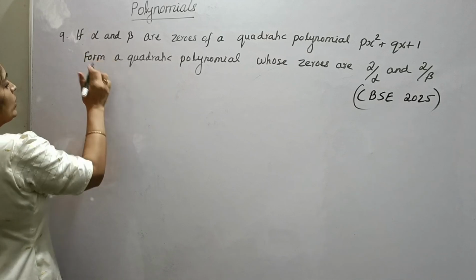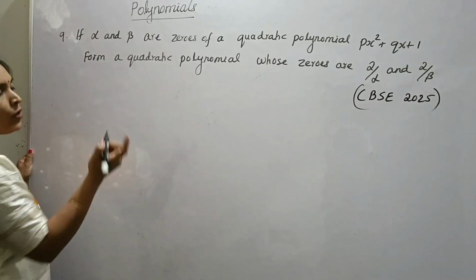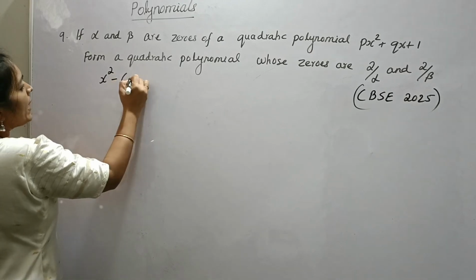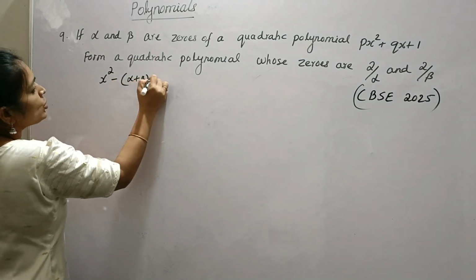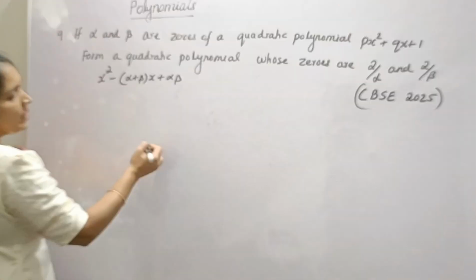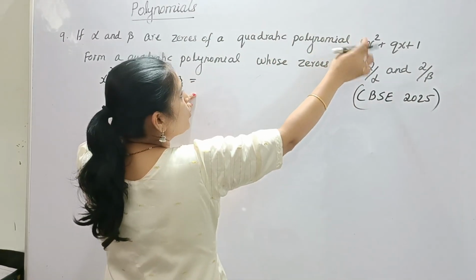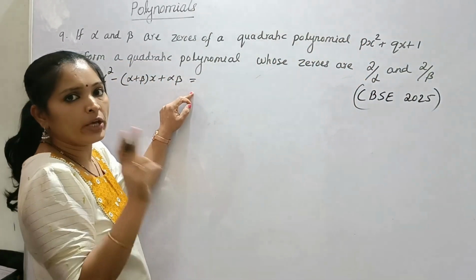Now we know that if alpha and beta are the zeros of the quadratic polynomial, then the polynomial is x square minus of alpha plus beta into x plus alpha into beta. Before that you have to make the coefficient of x square 1.